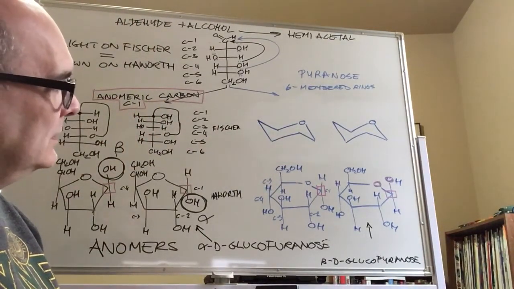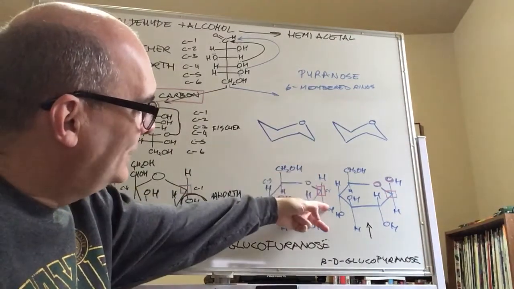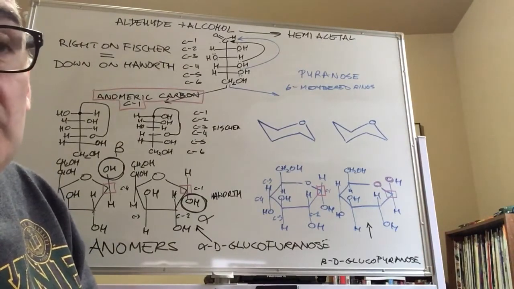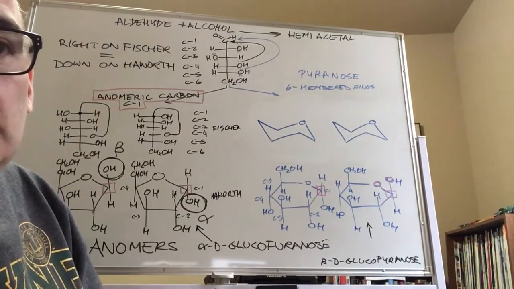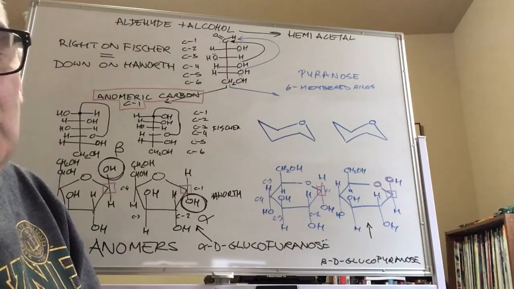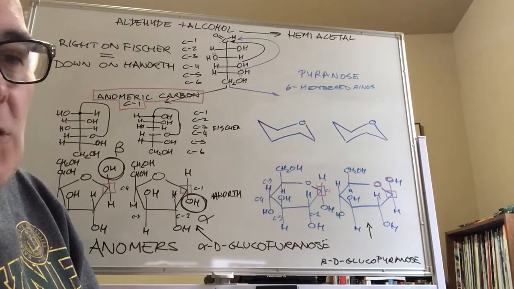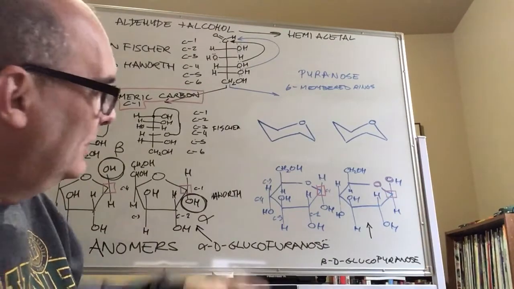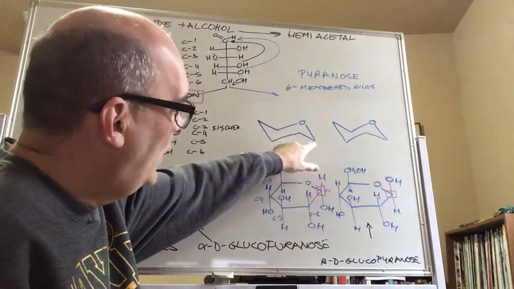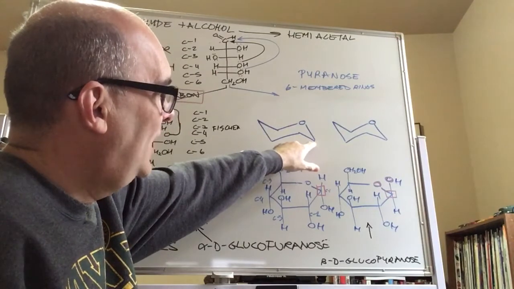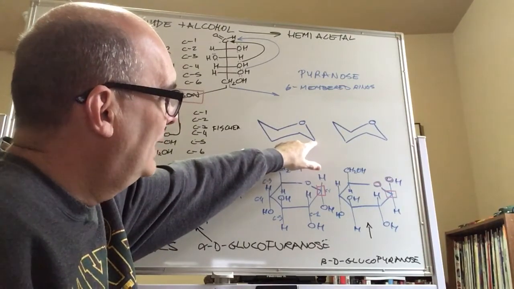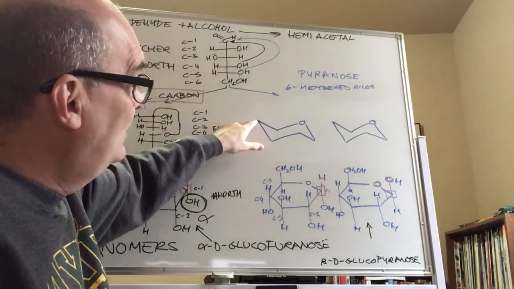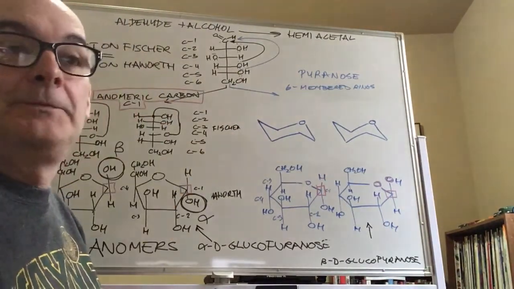And now, what is up and what is down might be an equatorial, or it might be an axial. But the good news is we know how to predict whether a position is axial or equatorial based on whether the chair that we have drawn has a peak that is pointing down or comes to a peak that is pointing up.